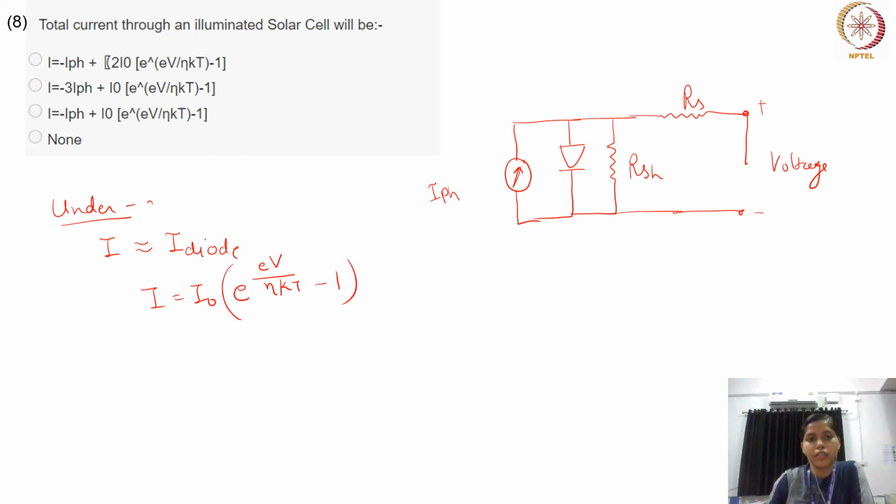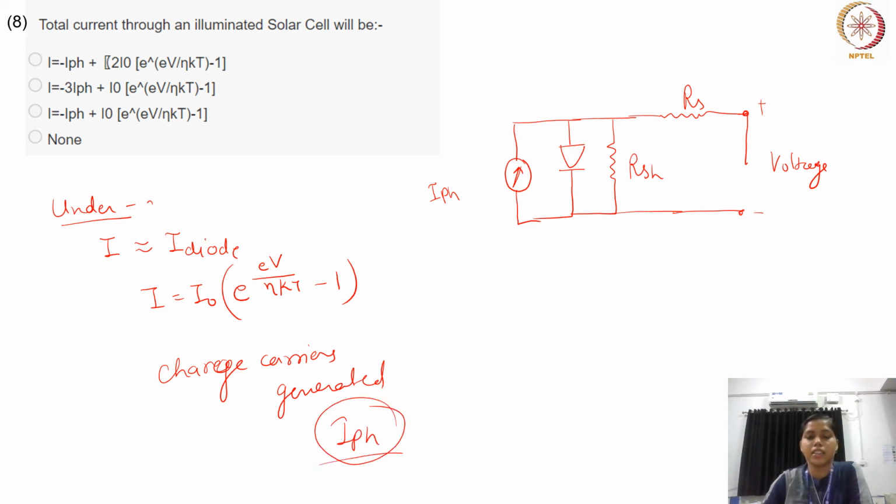And also when the light is illuminated on this particular solar cell, that will also have the contribution from the generated charge carriers. So that will be my IPH, the photo generated current. And since we are taking this output from the solar cell, that will be with a negative sign.